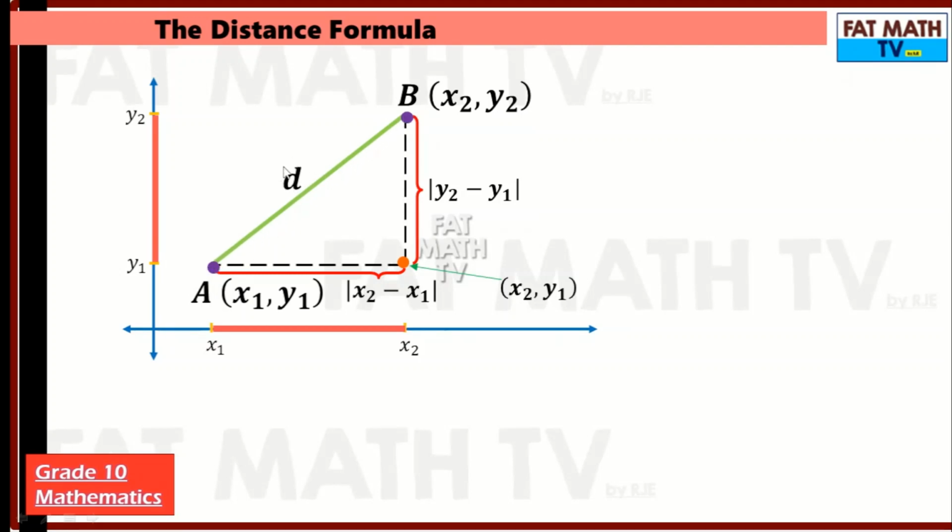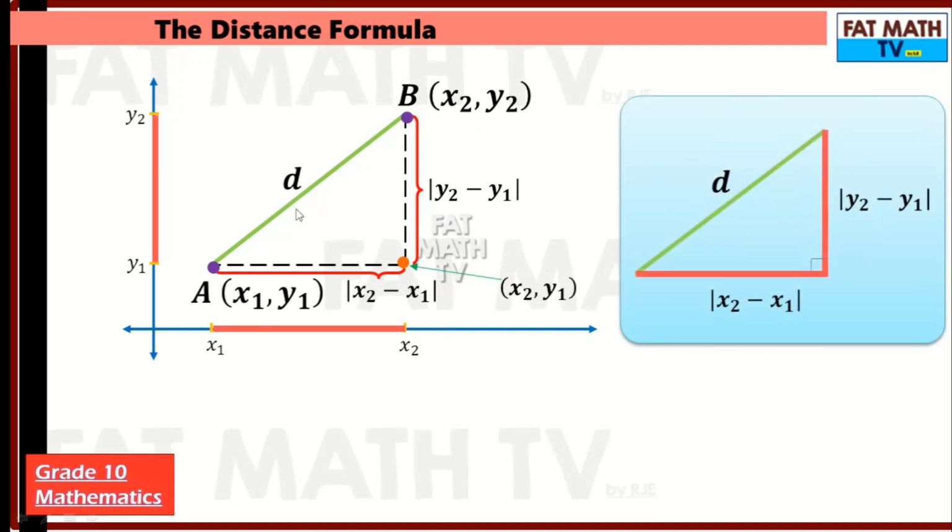So if we square D, D squared is equal to the square of this plus the square of this. So D squared is equal to (x sub 2 minus x sub 1) squared plus (y sub 2 minus y sub 1) squared. The absolute value is removed because, anyway, this is squared, so the answer will always be positive.